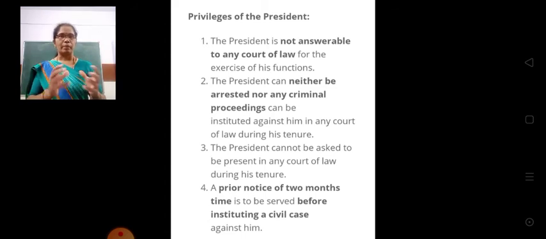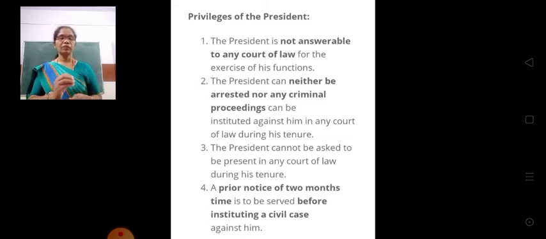The president has the right to appoint various high officials, including the prime minister and the members of the central council of ministers.